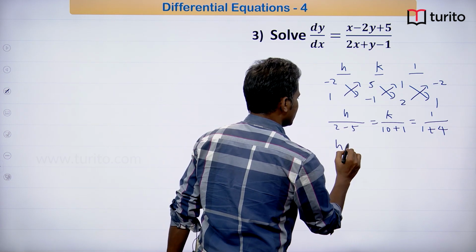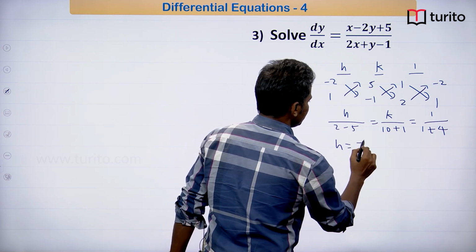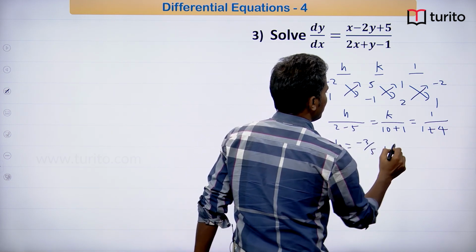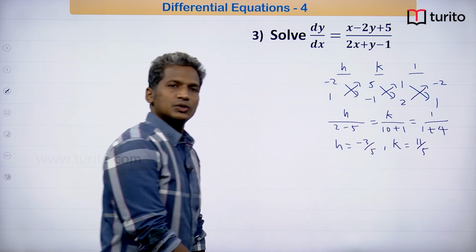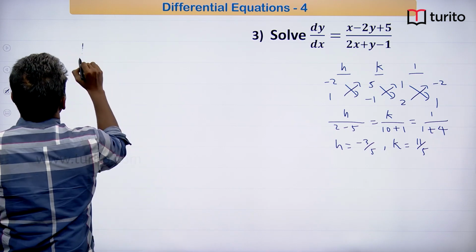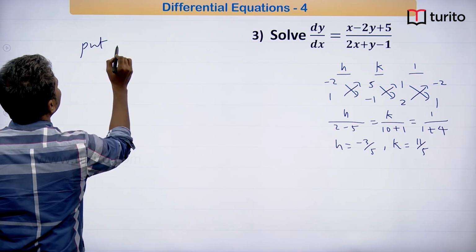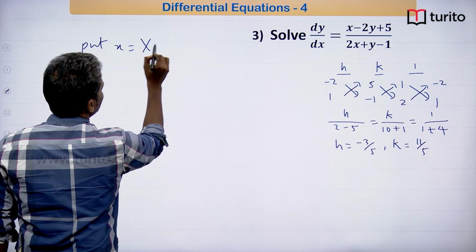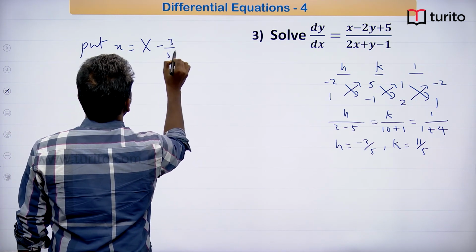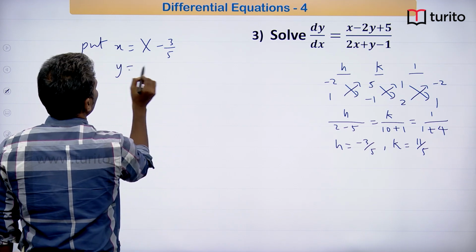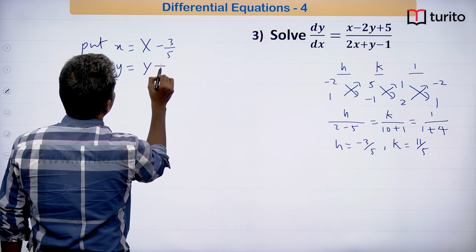So it is going to give us h equal to minus 3 by 5 and k equal to 11 by 5. So what is our substitution? Our substitution is put small x equal to capital X plus h, which means minus 3 by 5, and small y equal to capital Y plus 11 by 5.